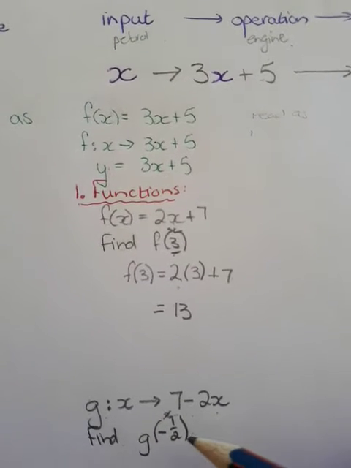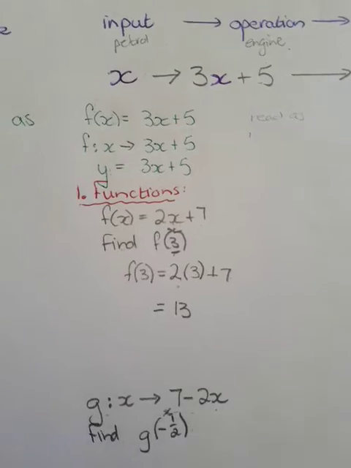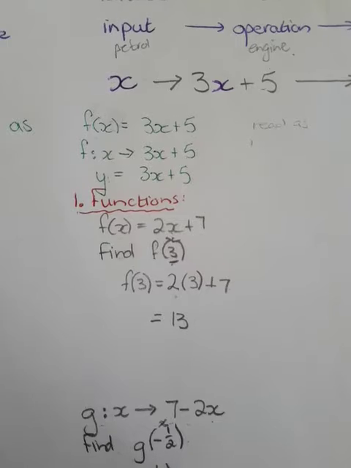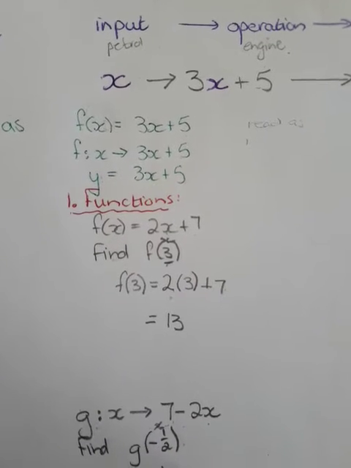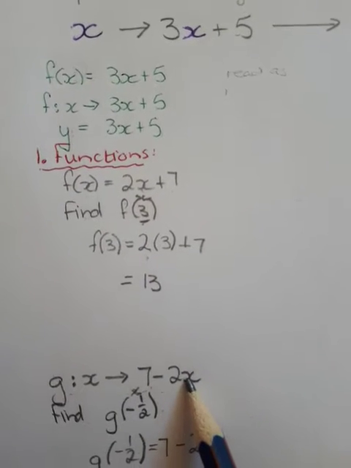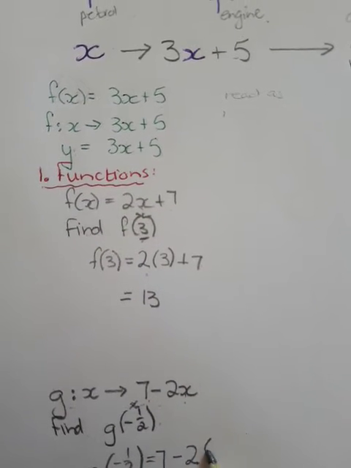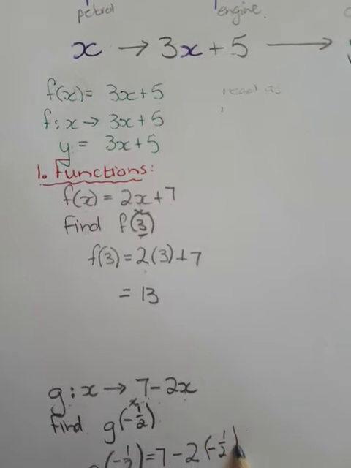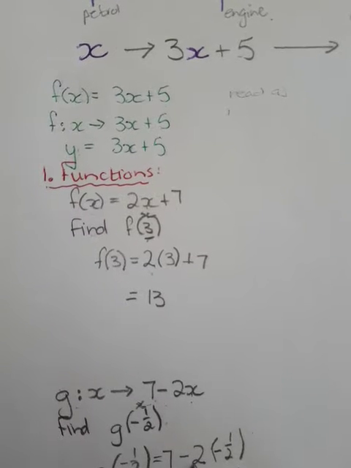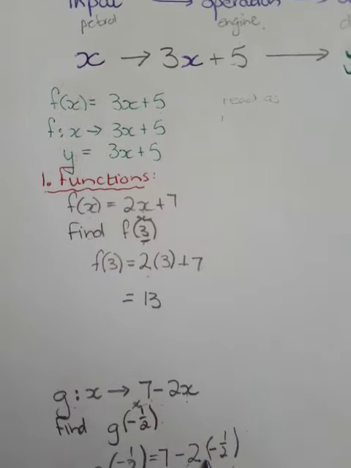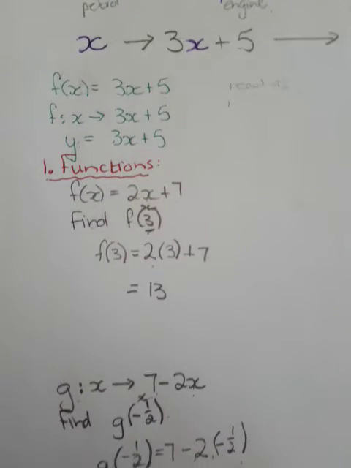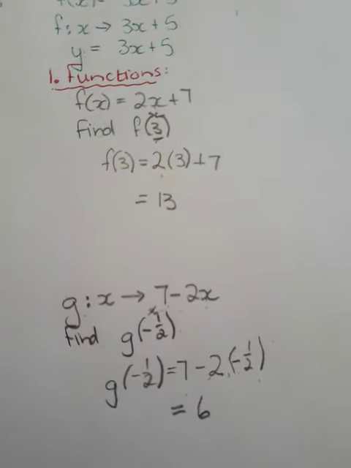So g of negative 1/2, take your formula, which equals 7, take down the negative 2, and then in the place of x, write a negative 1/2. If you then calculate your right-hand side, you have negative 2 times negative 1/2, which is 1, and 7 minus 1 gives me the value of 6.